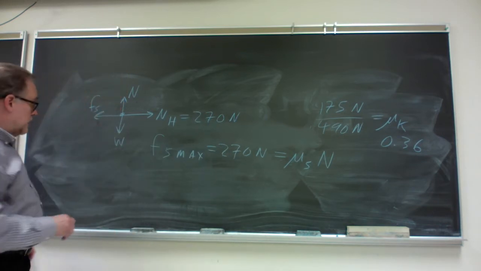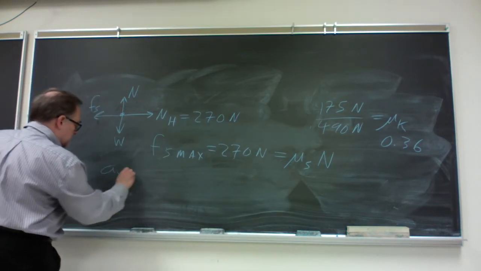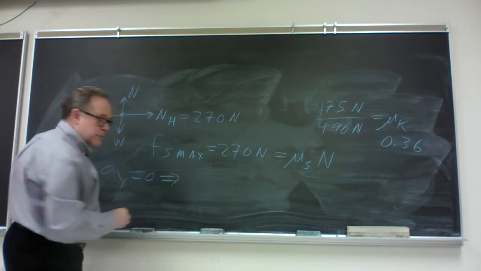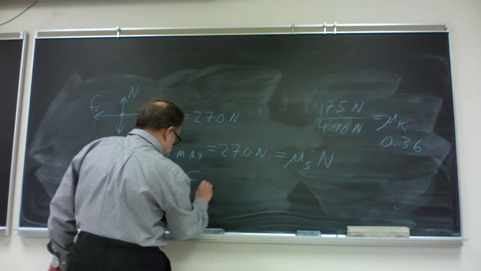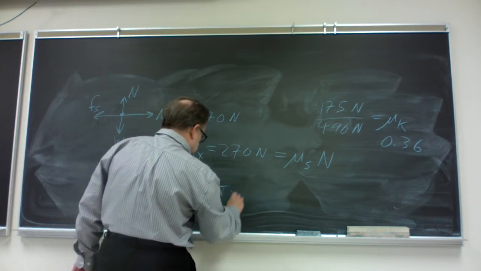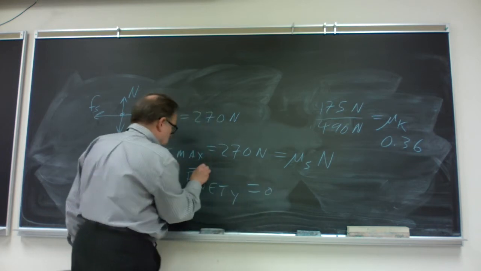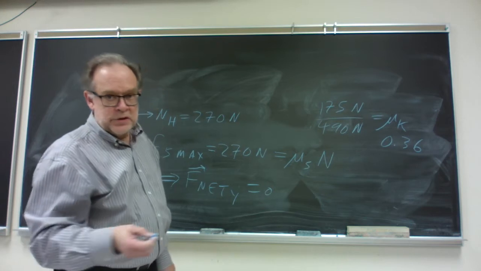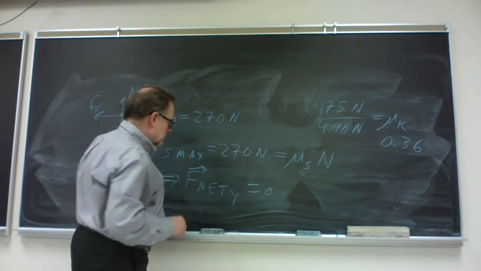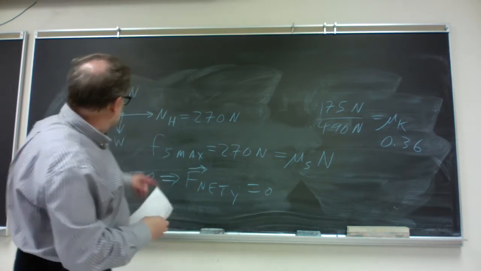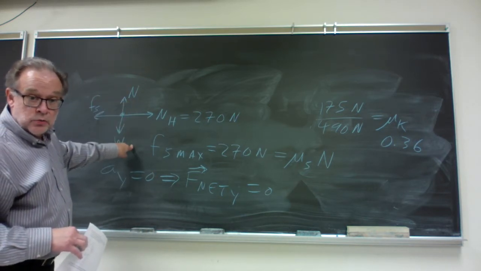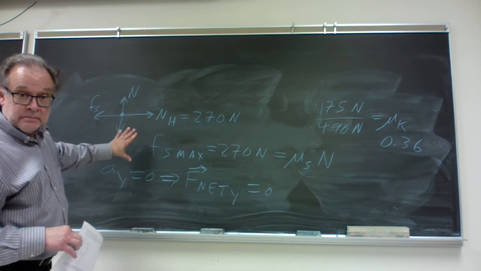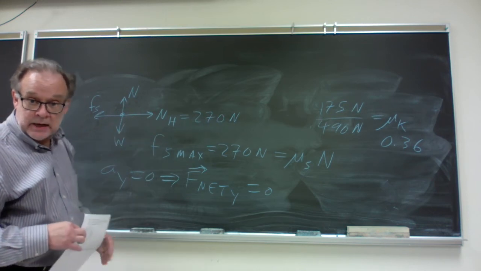So there is never any y acceleration, which means there is no net force in the y direction. The y component of net force is still 0, which means that these two forces still cancel each other out, which means they have the same strength.